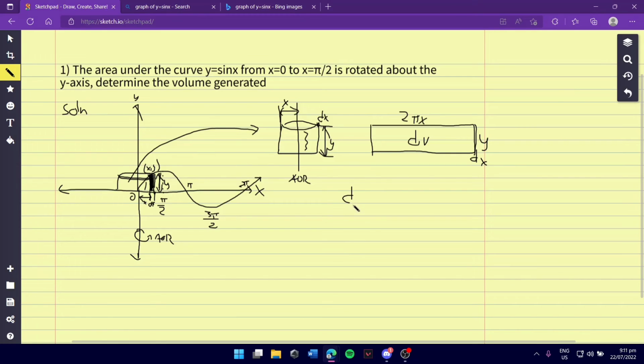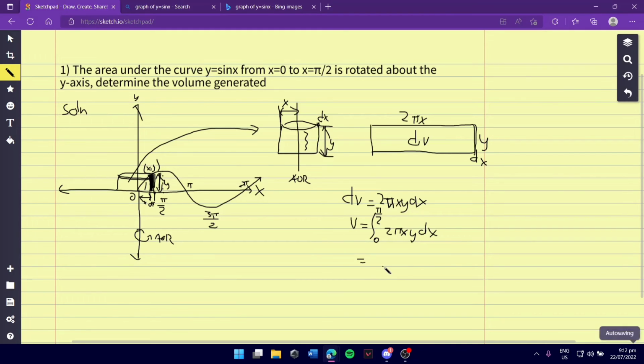So for solving for the differential volume, again, the formula is 2 pi x times your y times your dx. So, differentiate both sides. We have from 0 to pi over 2, then you multiply it by 2 pi x times your y times your dx, right?